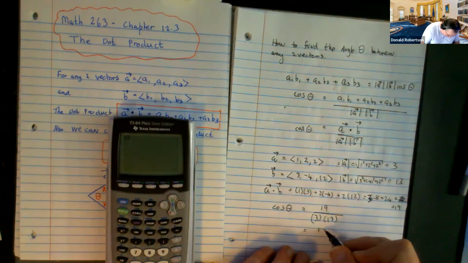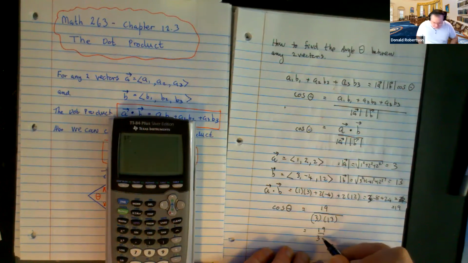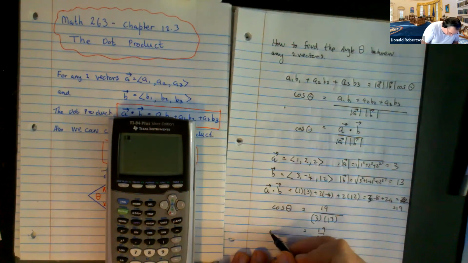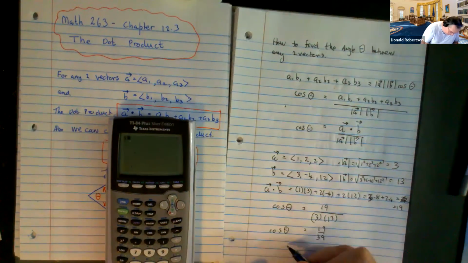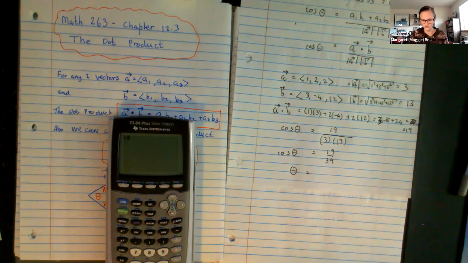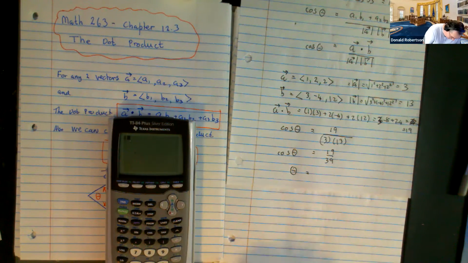It's going to be that fraction. Great. Don't overthink this. How do you find the missing angle if you know what the cosine is? The inverse cosine. Yes. Don't overthink it.